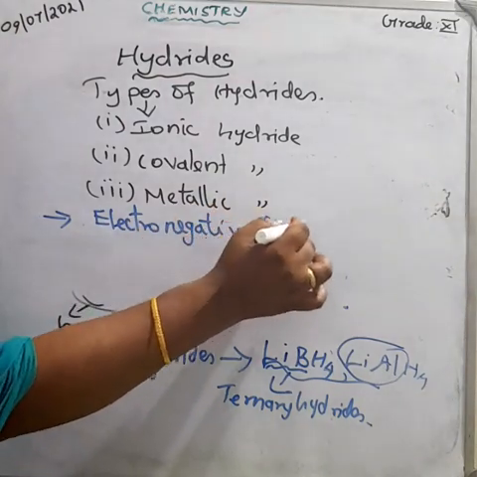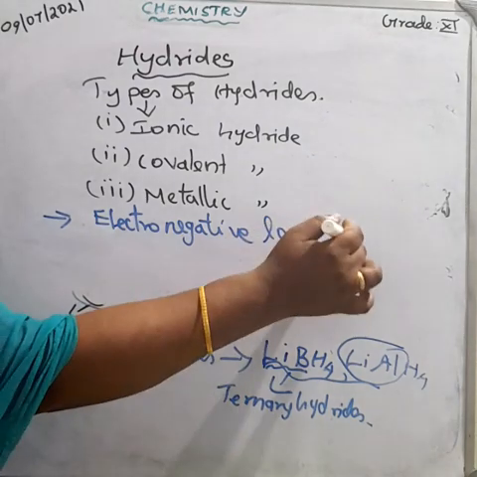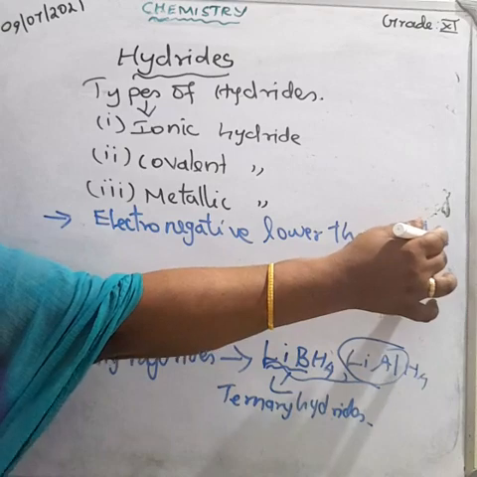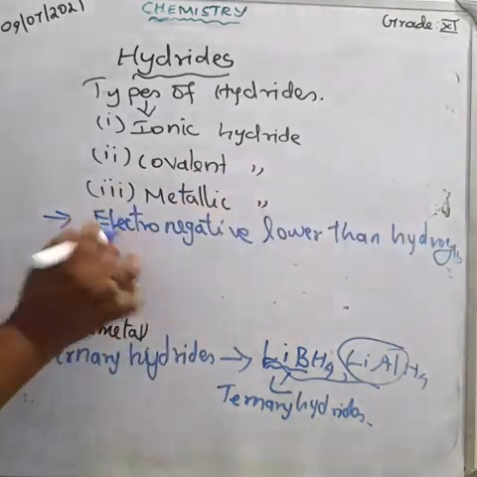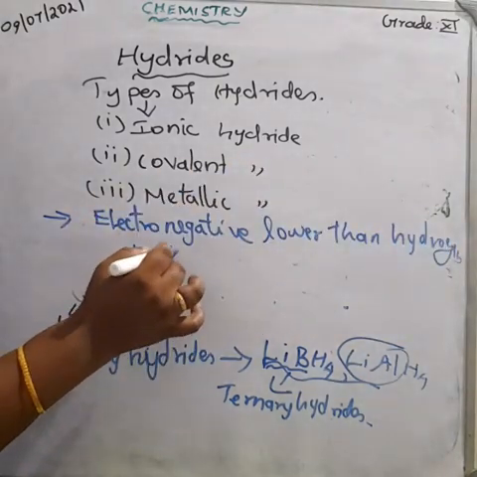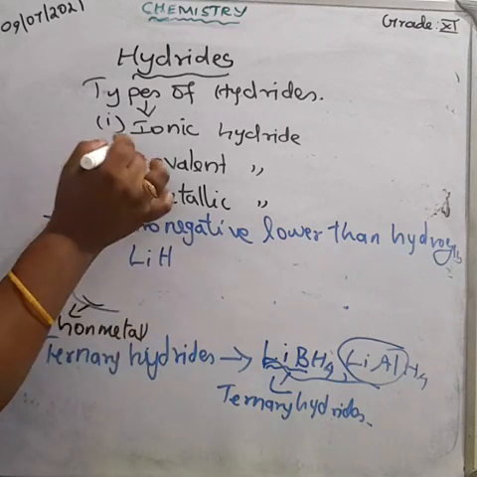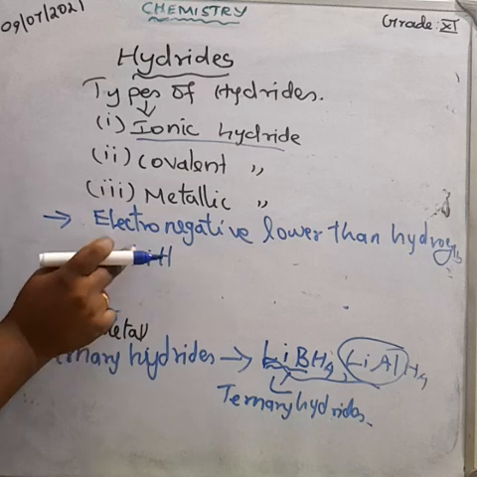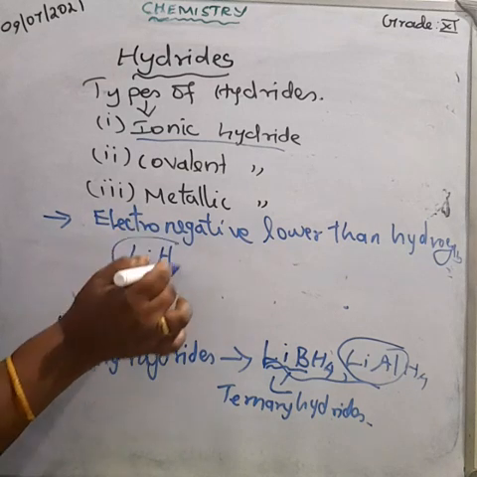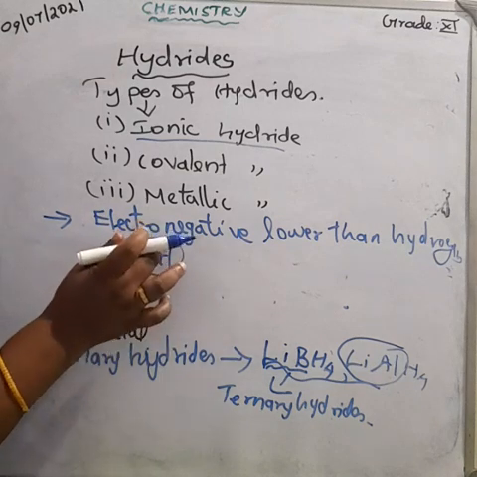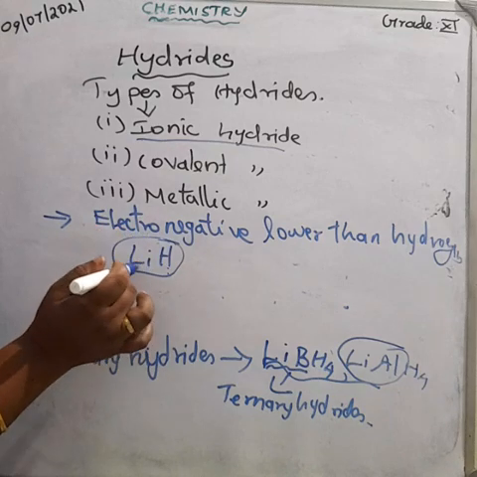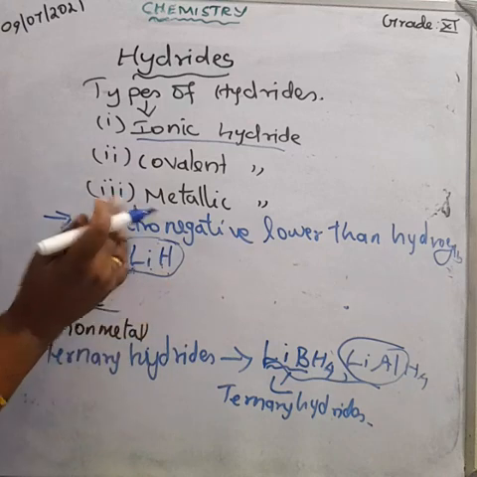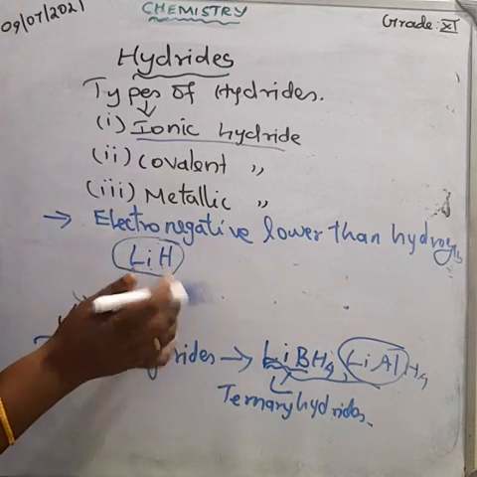For example, lithium hydride, lithium is a metal. Here lithium has lower electronegativity, so it always loses an electron to become a positive ion.